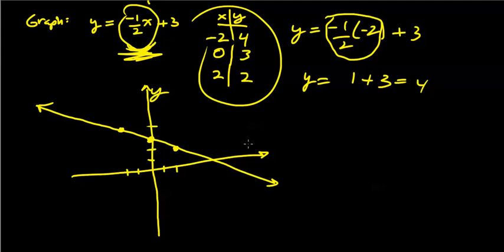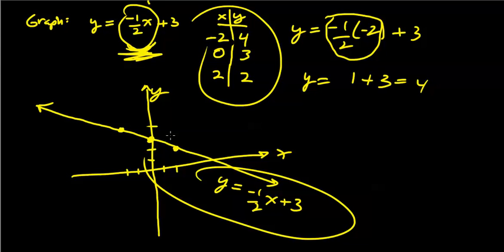and I label the axes, and I label the line with the equation that generates it. And there is the graph of y equals minus 1/2 x plus 3. Note, every point on this line satisfies the equation y equals minus 1/2 x plus 3.